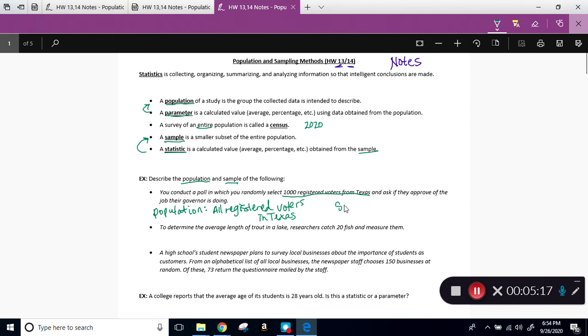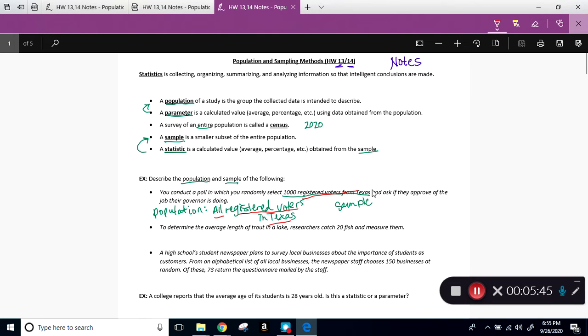Where the sample is, I shouldn't have underlined all that. But this 1,000 registered voters from Texas tells us really both. The registered voters from Texas is really all of them, and that's what is over here, all registered voters in Texas.